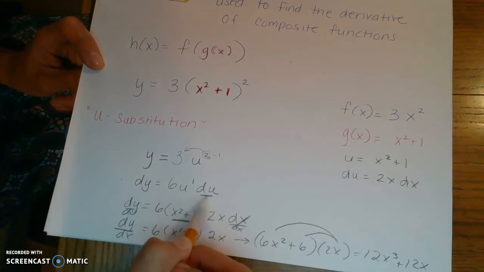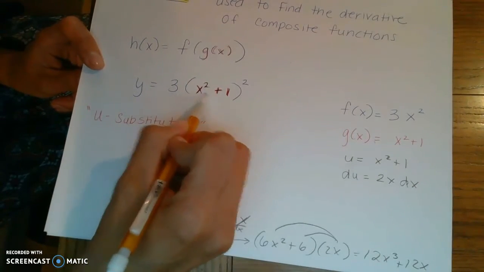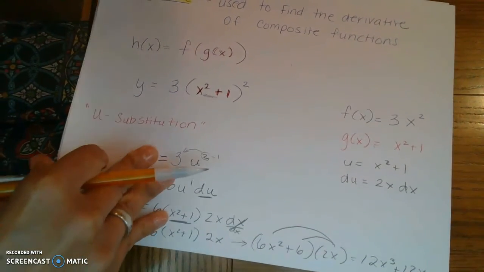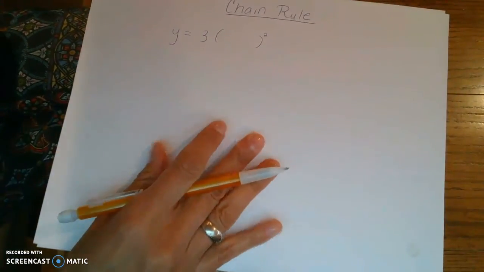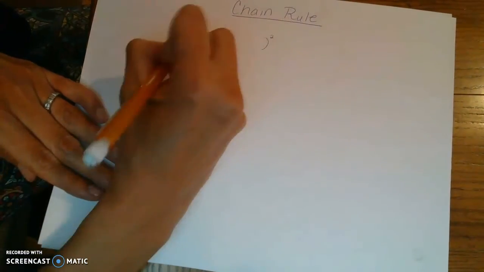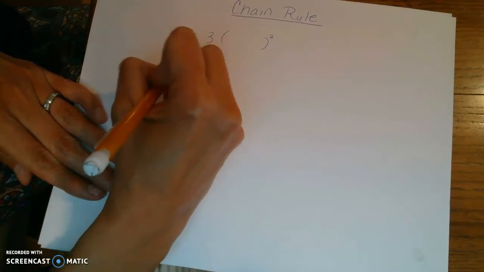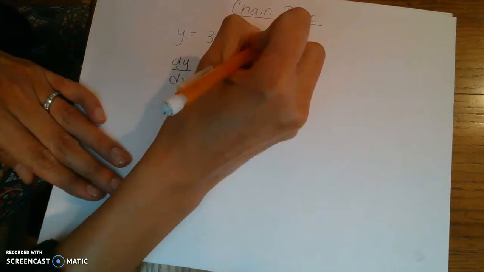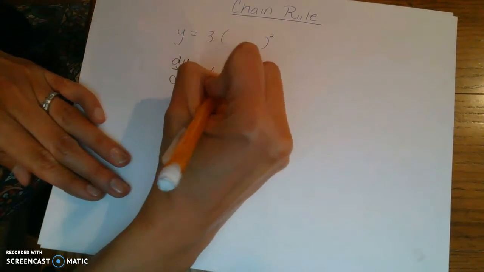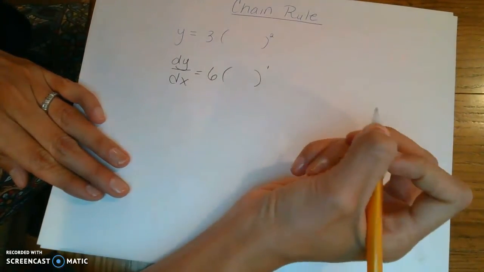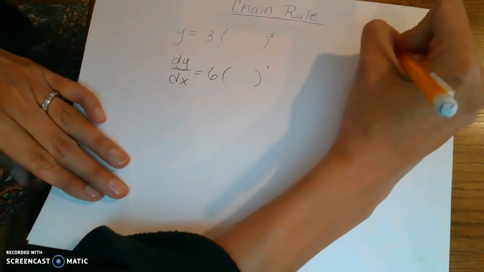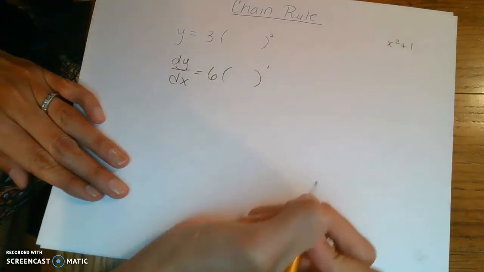And then last, I take the derivative of that inside. So, the chain rule. Taking the derivative of the outside, this became dy dx equals, the 2 came in front, 6x to the first. What was our inside function? Our inside function was the x squared plus 1, correct?